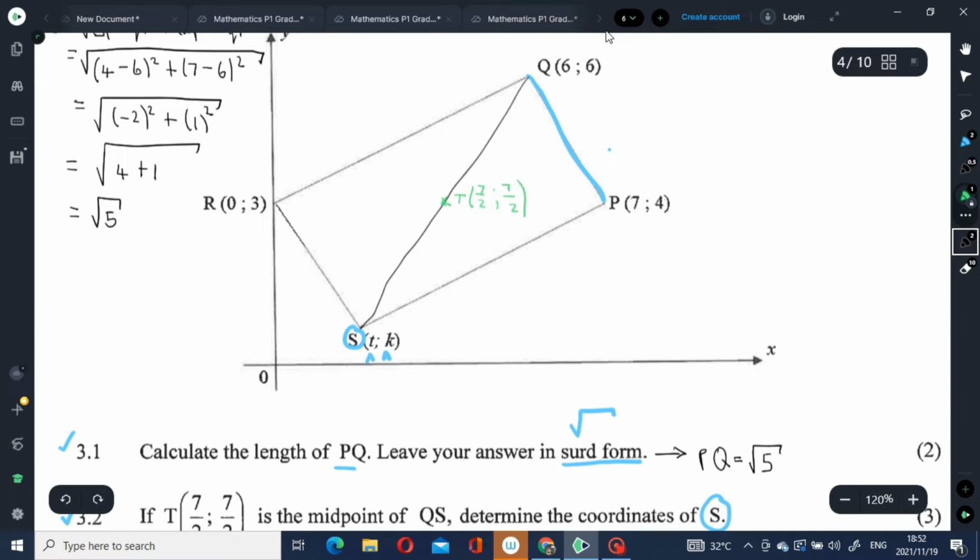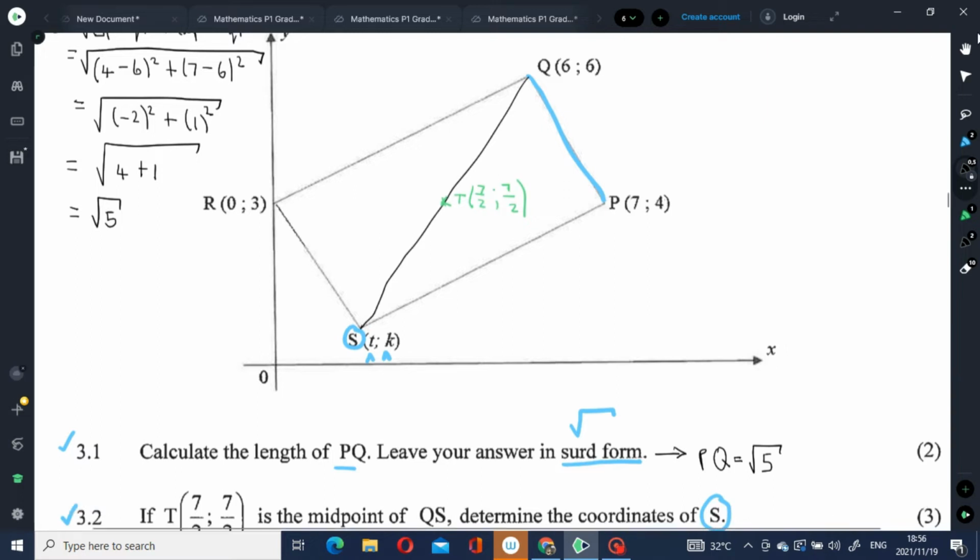So whenever we work with midpoint coordinates, we need to use the midpoint formula. So this question requires you to know quite a bit of formulae, right? So let's use the midpoint formula.